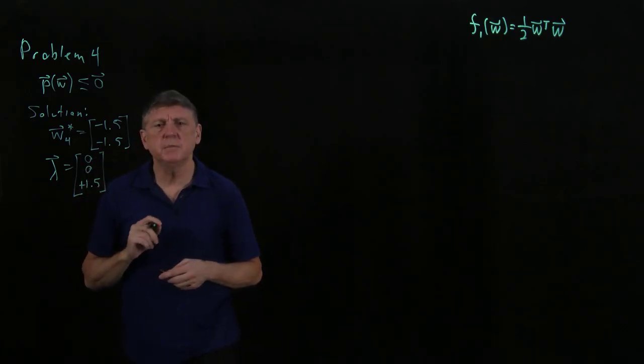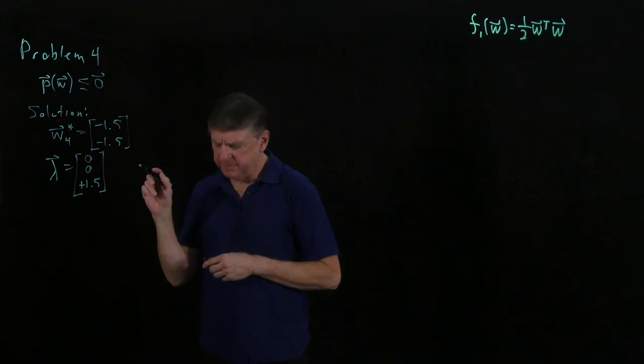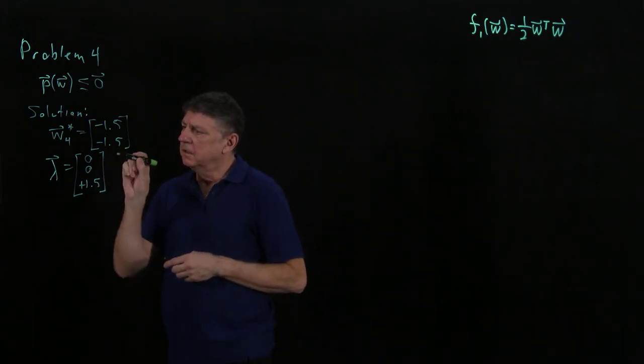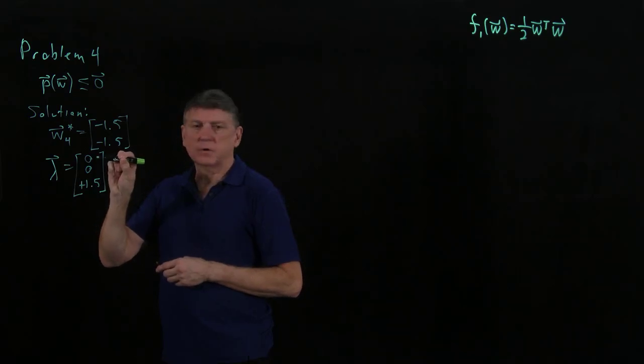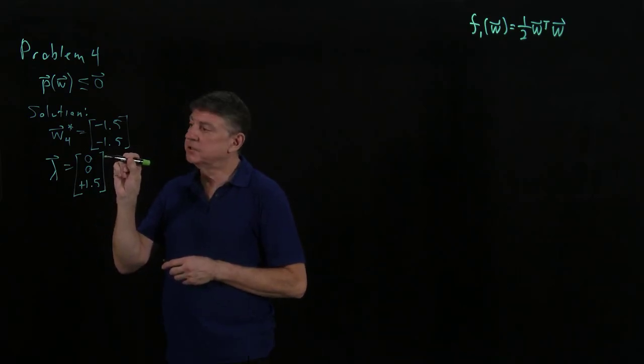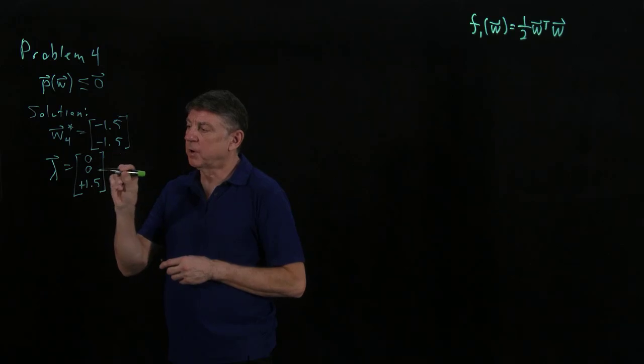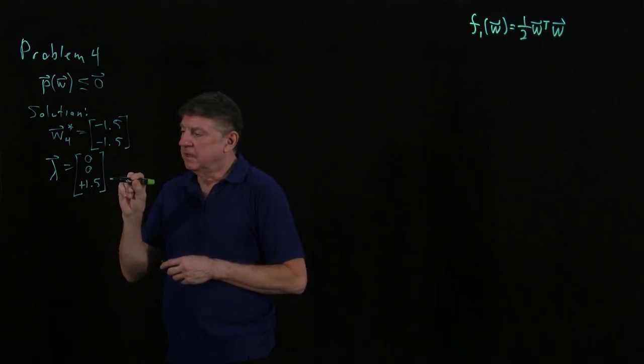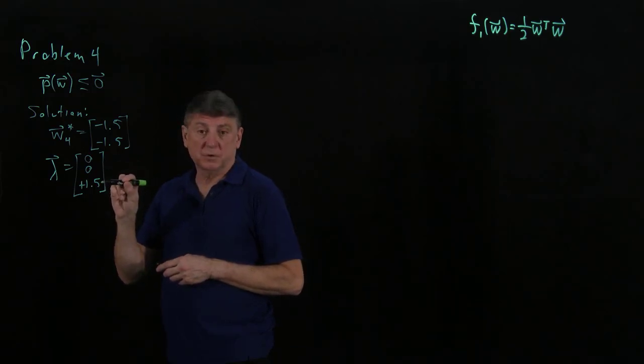We can see immediately that some things have stayed the same and some things are different. In problem 1, the Lagrange multiplier was 0 because the constraint was inactive. In problem number 2, the Lagrange multiplier was positive because the constraint was active. And this constraint was also active.